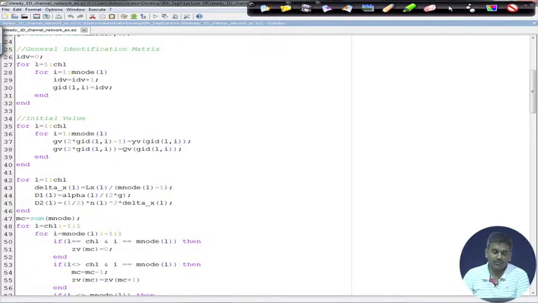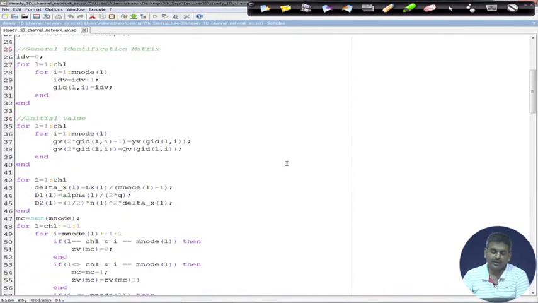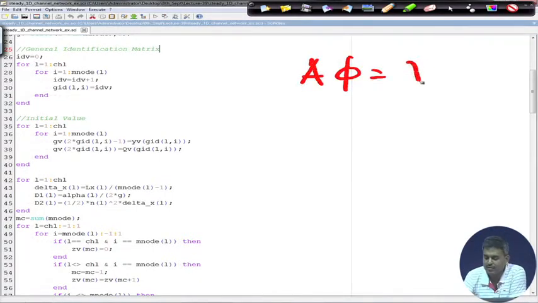Now, I have assigned initial values for individual variables y, v, q, but during my solution process I will have only one variable. Let us say the equation A phi equals to R. In this case I have j into del phi, because change in that variable is required.